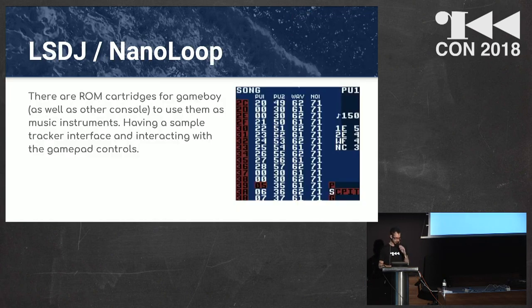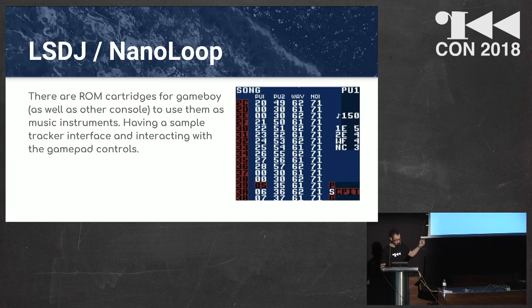For Game Boy, there are actually 2 different ROMs, which are not official from Nintendo, but you can buy them online, and they are called LSDJ and Nanoloop. These ROM cartridges work in original Game Boys, but you can also use them in emulators. And they basically implement a chiptune tracker using the Game Boy hardware.